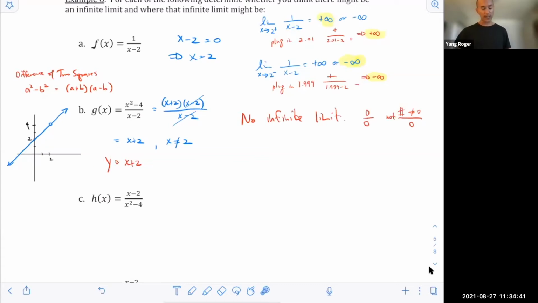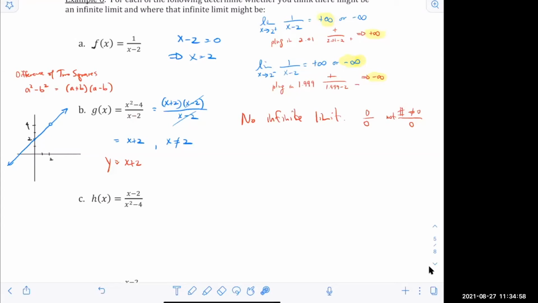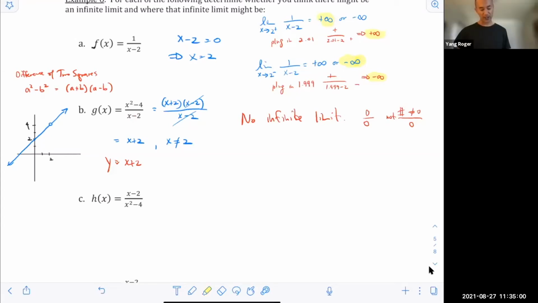The reason why it has an open dot at 2 is I'm not allowed to have x equal to 2 because that would put a 0 in the denominator. And you can't have zeros in the denominator. But this right here is the equation of a line. So that's why it's a long line, just a hole there because you can't have a 0 in the denominator.